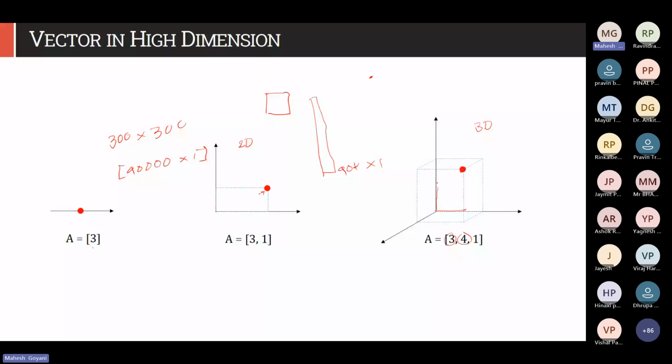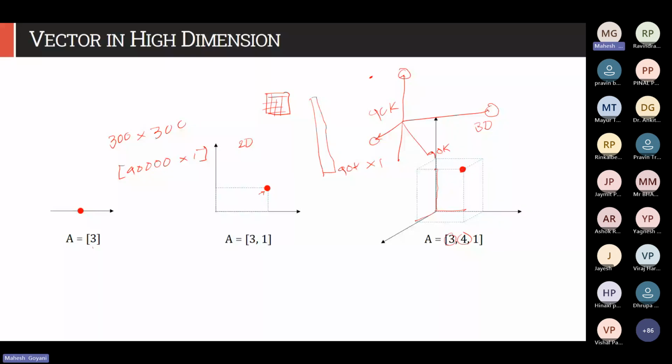Similarly, an image is a set of intensity values, right? So when we have a 90K dimension coordinate system, each dimension will represent the intensity of every pixel. So this may be representing the intensity of the first pixel. This may be representing the intensity of the second pixel, third pixel, and finally the 90,000th pixel. I hope it is clear, right?